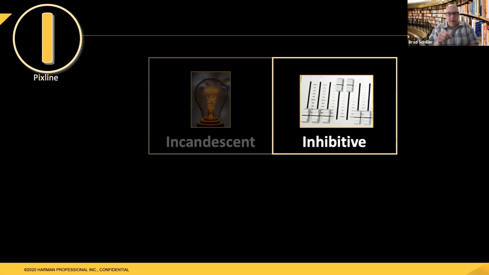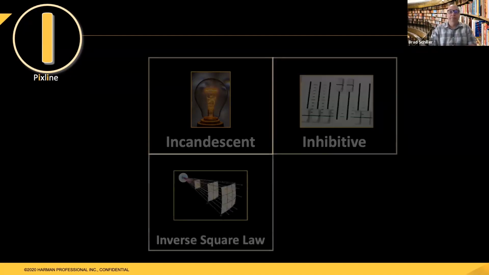So if I have that fader at 50%, if the lights were told to be at 90% in the previous cue, they'll be down at half of that because of the inhibitive sub. So inhibitive subs are very useful things you can use in your lighting programming.